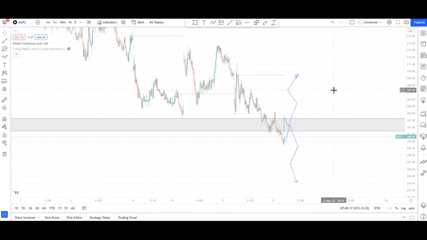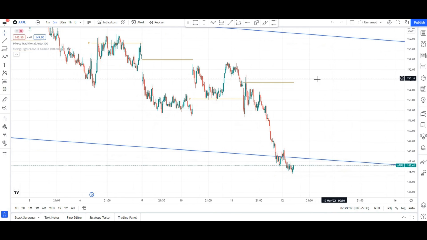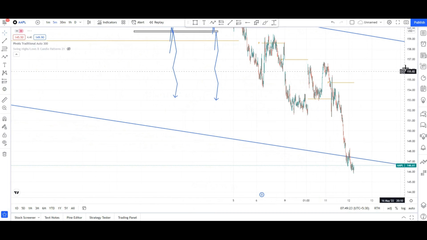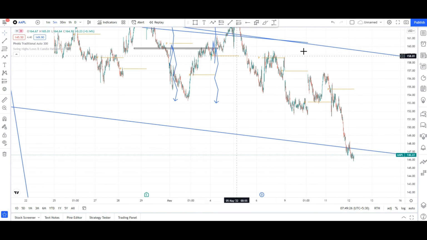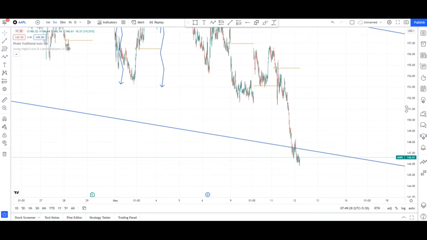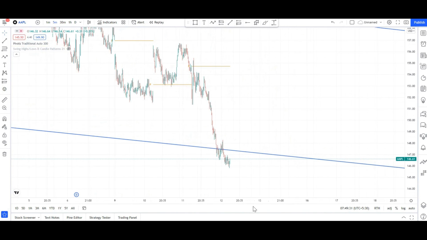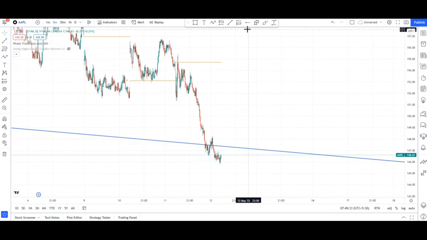Okay guys, we can see Apple also, Apple stock. This is in a range, you can see, like this. So right now what we have to see is if it comes and breaks this line. Okay guys, I will just mark this.